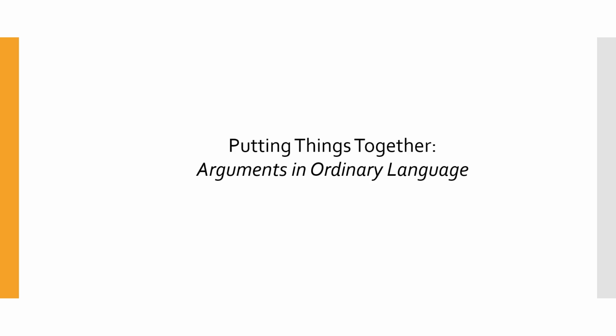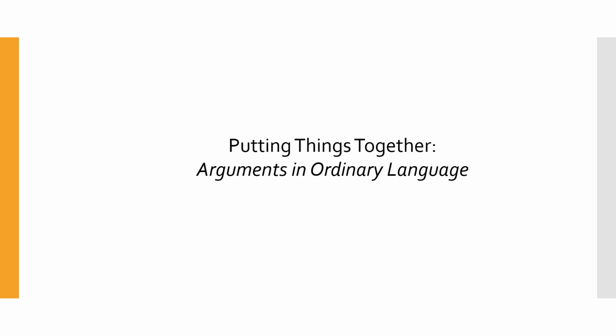Now, if you noted, all of the examples that we've seen so far in this video have been given to you already put together in standard form. So we have arguments where everything is already laid out in standard form with the major premise on top, minor premise in the middle, conclusion on the bottom, and we've gotten rid of any actual content and put in our letters as placeholders.